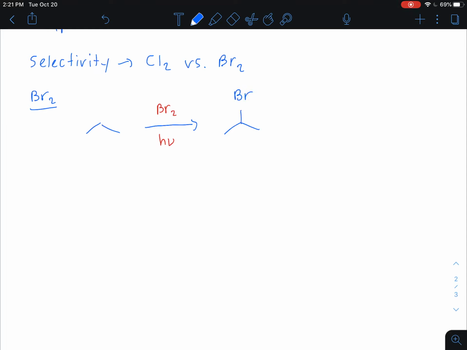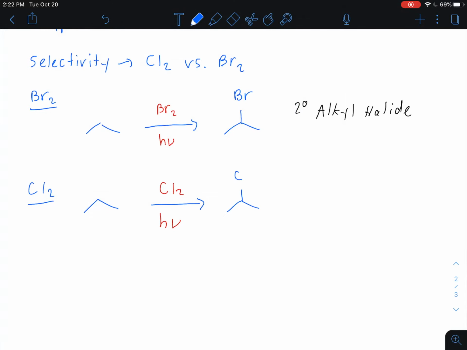We'll almost exclusively make 2-bromopropane, so make the secondary alkyl halide. But on the other hand, if I use chlorine, same reaction with propane, but if I use chlorine instead, I'm going to actually make substantial amounts.